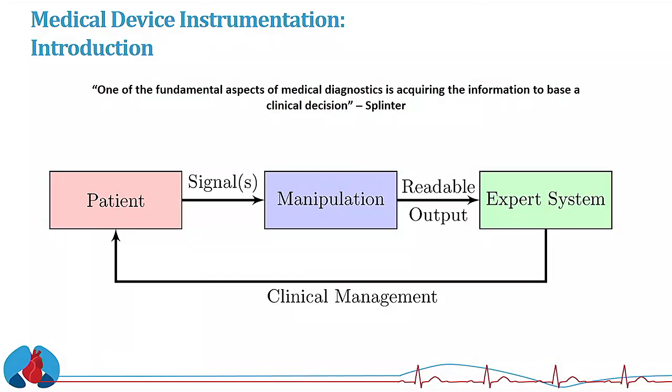Typically what happens is you've got your patient, you get some signals, even if it's qualitative signals like my throat is sore, you get some data manipulation, so that's filtering, interpretation, whatever. You get some readable output and an expert system. The expert system might be a doctor, it might be some sort of automatic control. And then based on that, there's some clinical management of the patient. So it's very much a closed loop circuit.